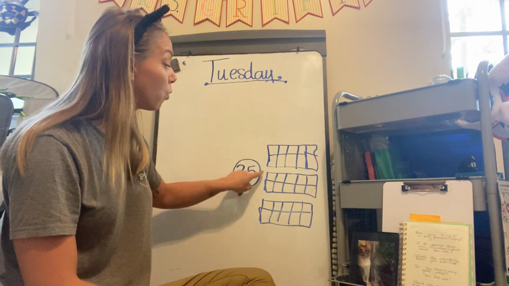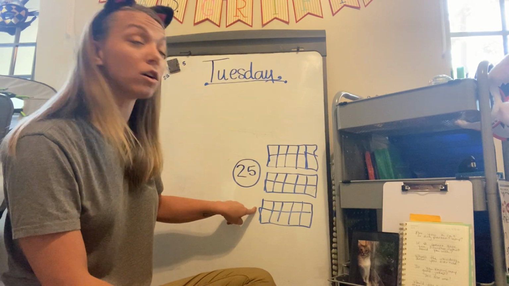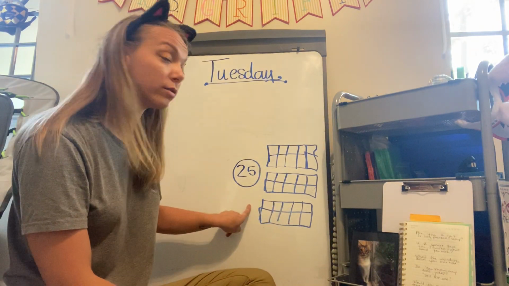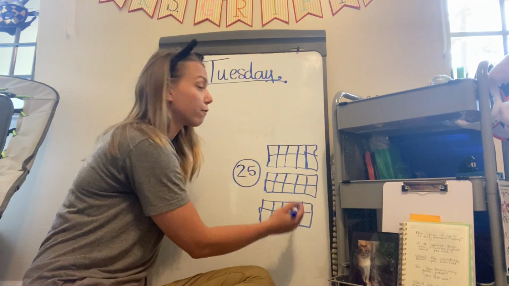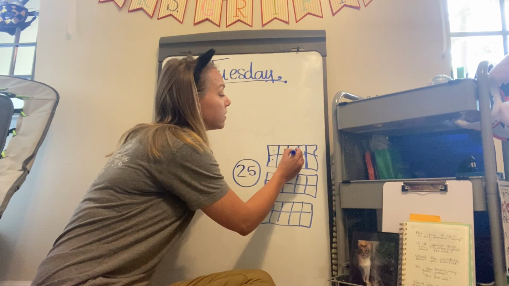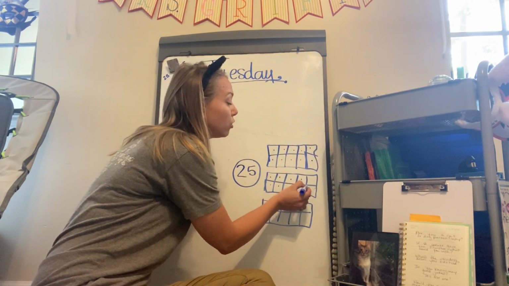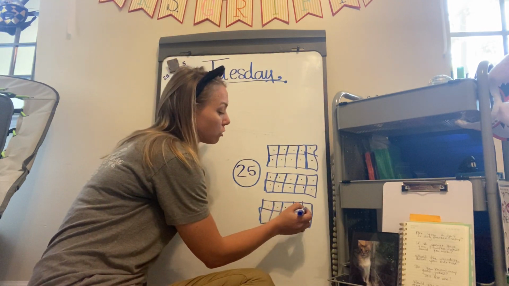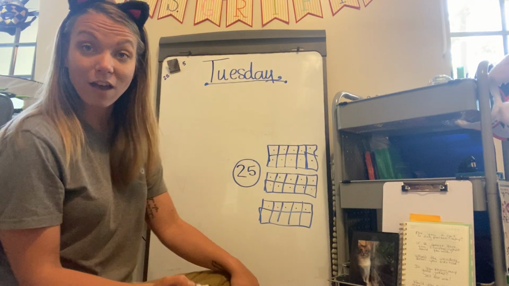So if I have 25, I should know that I filled half my frame almost to 30, 25. I'm halfway through the third frame. I can write my dots super quick in here. I don't need to spend forever because I know 2 groups of 10 is 20, 21, 22, 23, 24, 25. 2 groups of 10 with 5 left over.